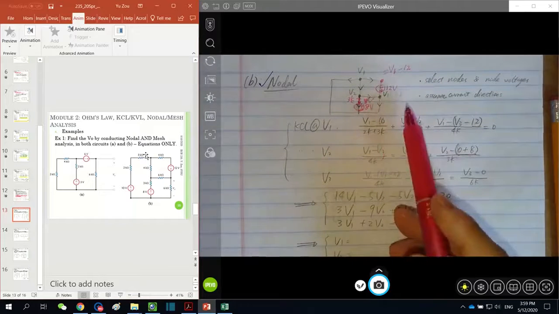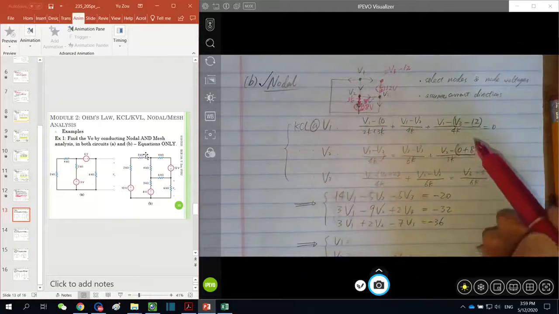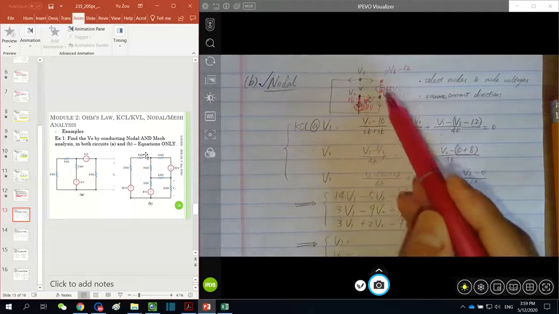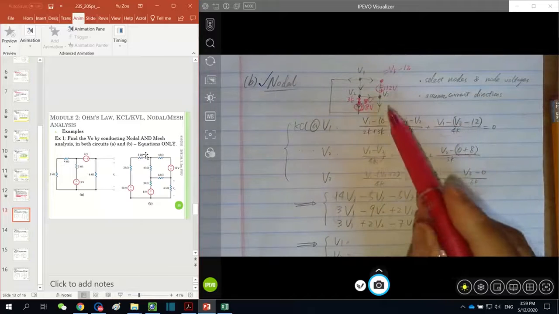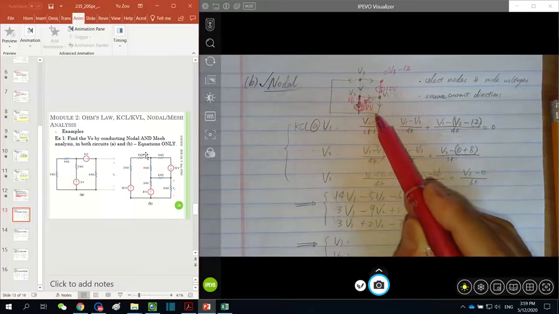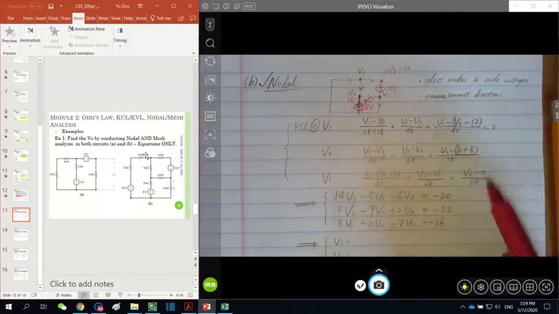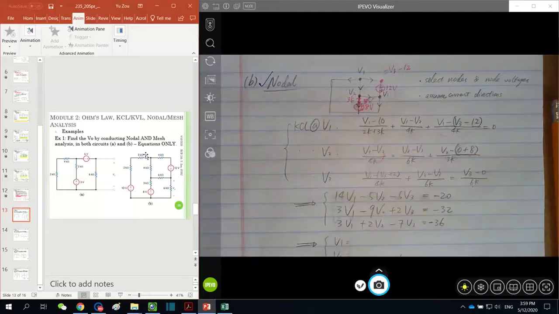At V3, we have this current, which has been taken care of by the first equation, plus this current here, which has been taken care of by this equation, equals the current leaving here. That is V3 minus the ground 0, divided by the 6K ohm resistance in between. These are 3 nodal equations in terms of node voltages.